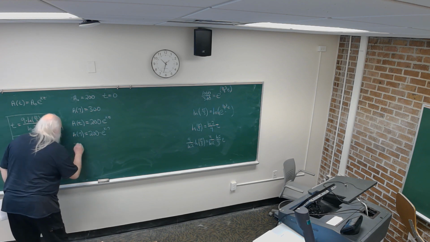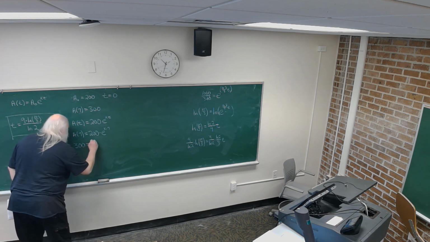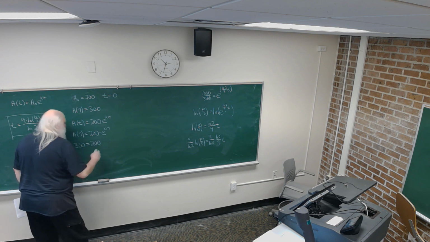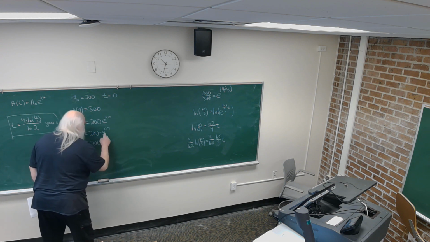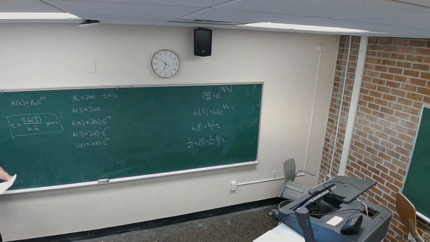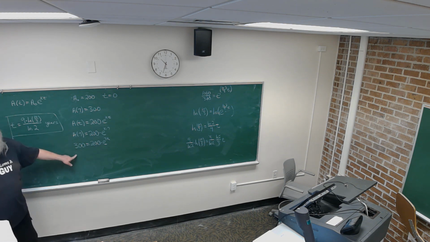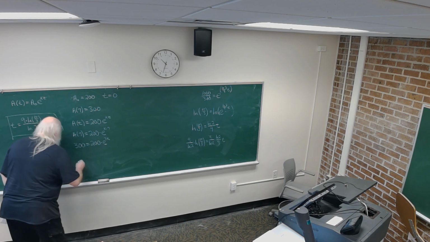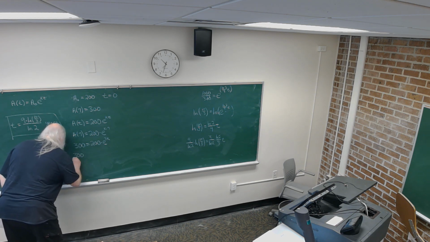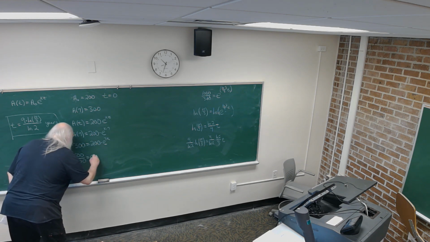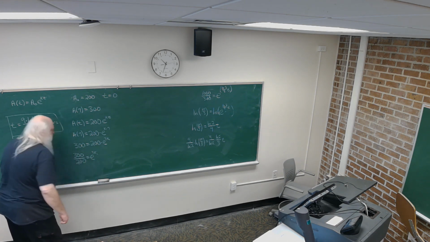So we have 300 is equal to 200 times e to the 7 times k. Now this is a product, so I can divide both sides by 200. And I have 300 divided by 200 is equal to e raised to the 7k power.